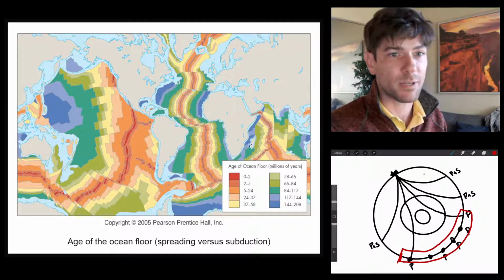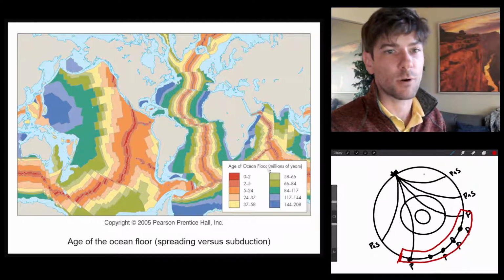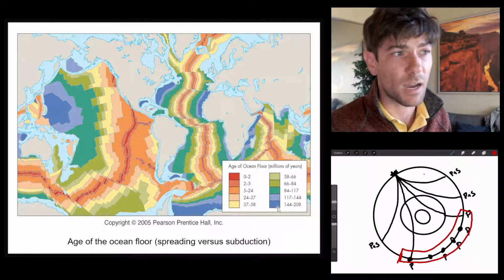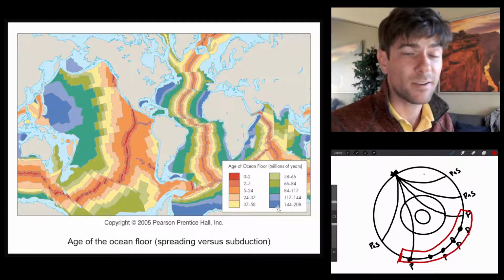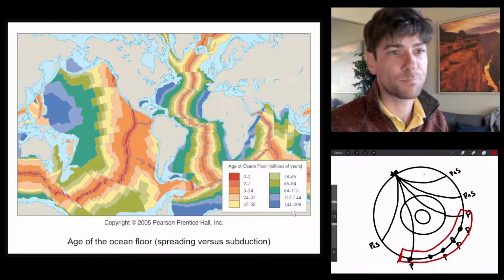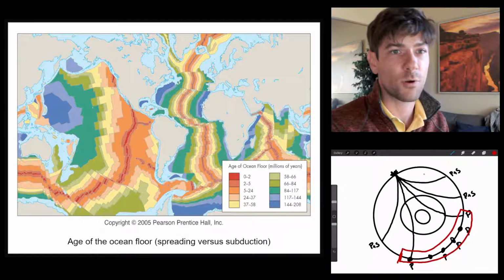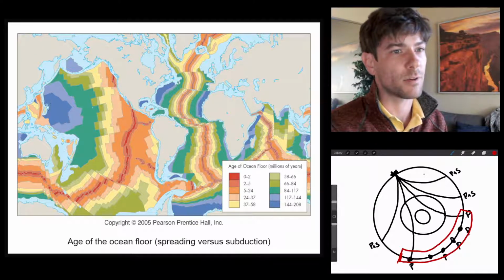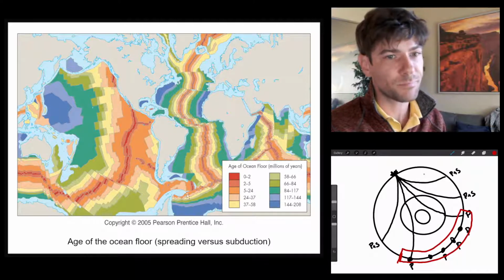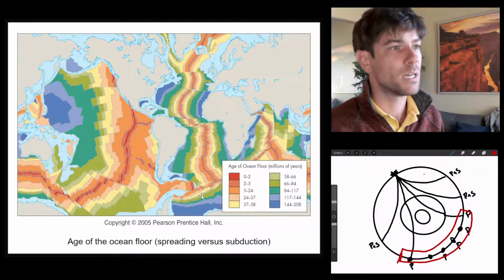And this is a map of it right here. The age of the ocean floor in millions of years goes from these red colors, 0 to 2 million years, back to the oldest ocean crust present at the surface today, which is about 200 million years old, right? It's present in these particular spots off the north coast of Africa, off the east coast of the United States, out here in the Western Pacific, down here around Antarctica.